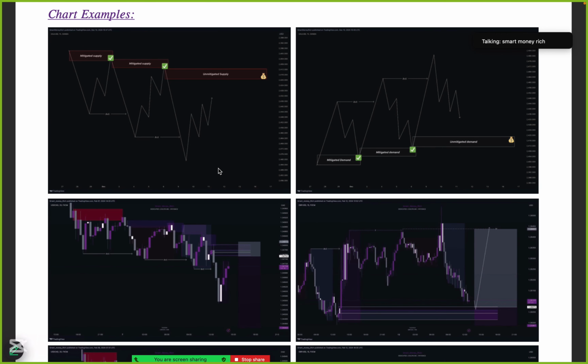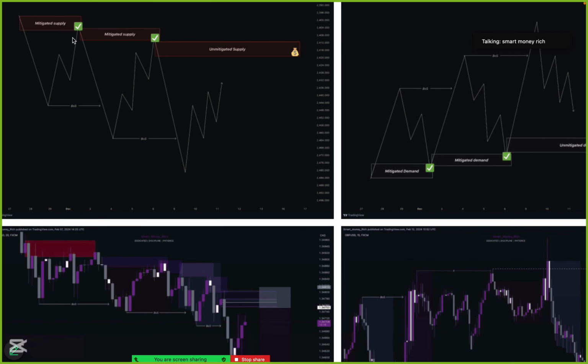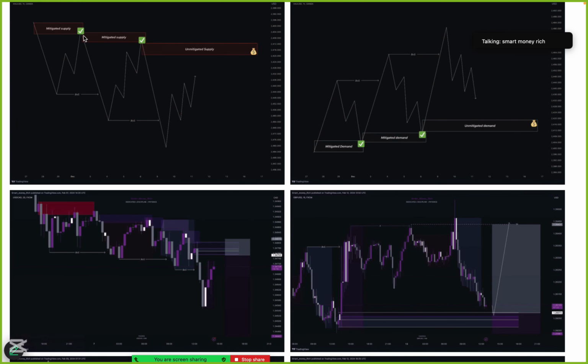So if you see a zone like this, and price returns back to this zone, it is now considered a mitigated supply.